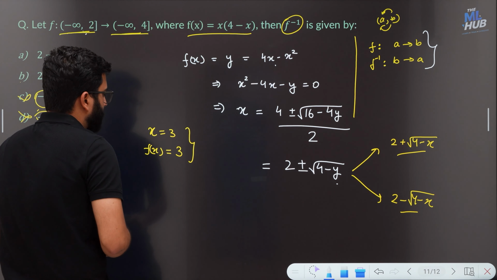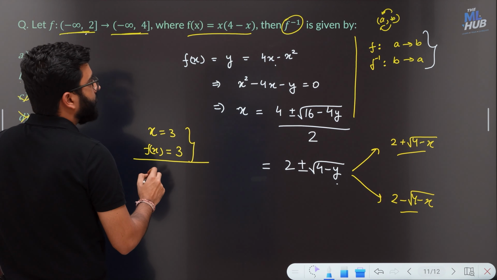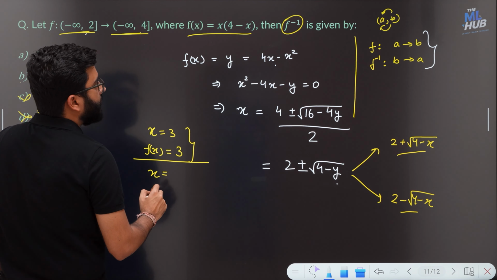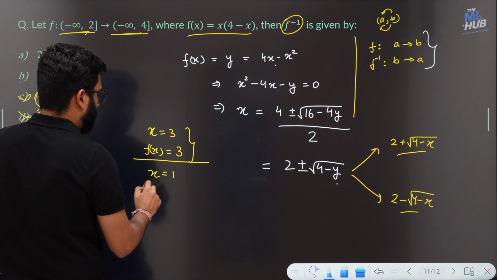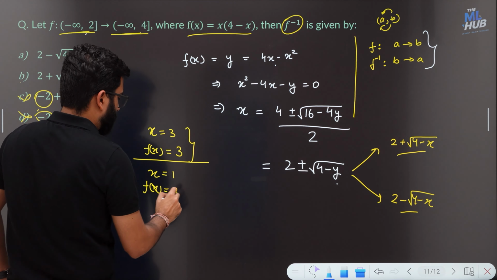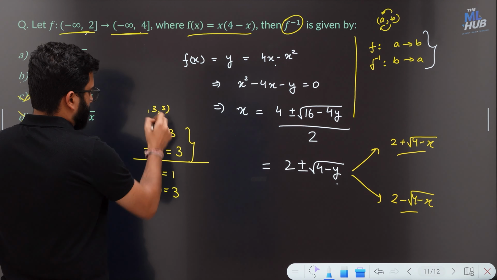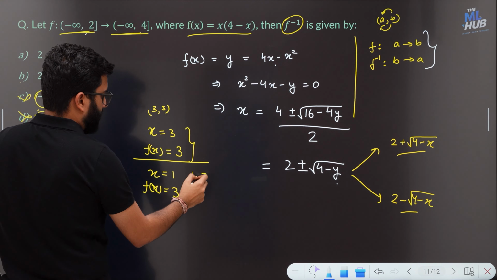If x is 3, then y is also 3. You can take one more. If x is say 1, then f of x will be 1 times 4 minus 1, which is 3.